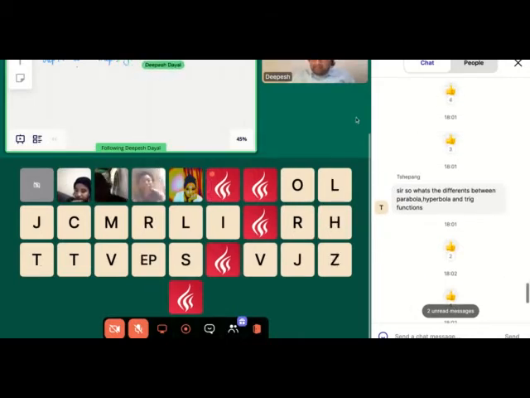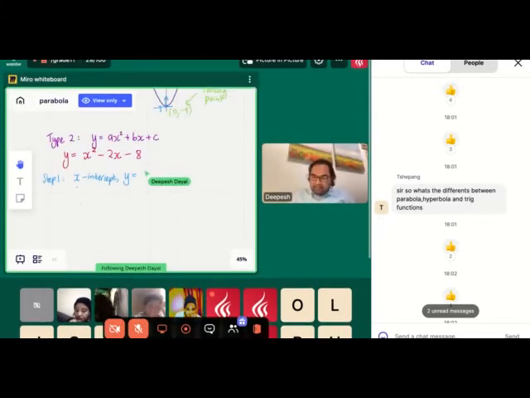Yes, 0. Great. So y equals to 0. Thanks for those answers. So we're going to say 0 equals x squared minus 2x minus 8.